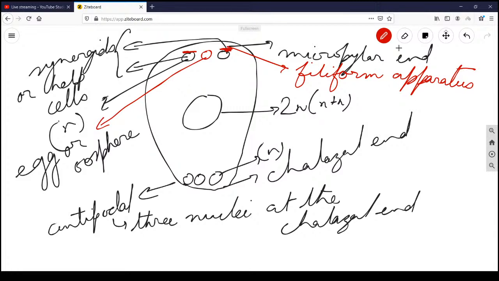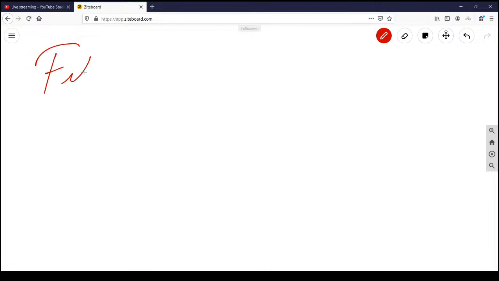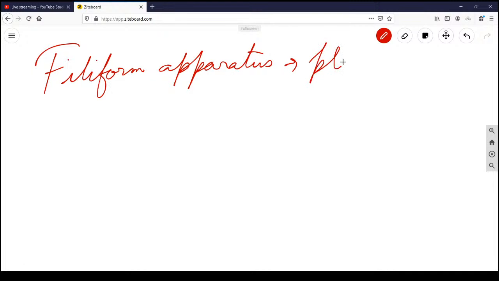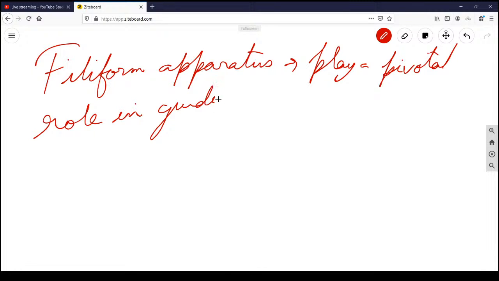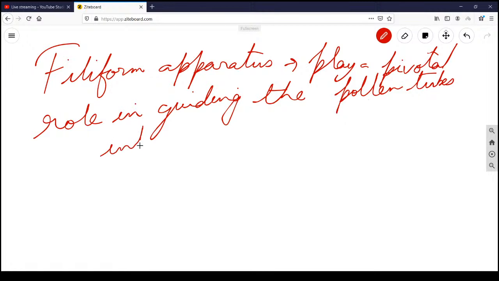Write it down: the filiform apparatus plays a vital role in guiding the pollen tube into the synergids. So that is what they are most useful in.